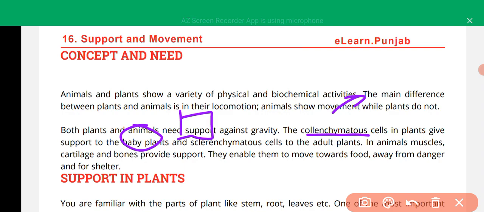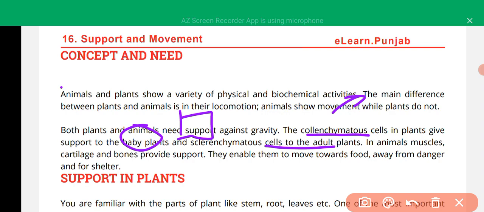You know, in the chapter on cell and molecular biology, you learned about the various structures: the primary cell wall and the secondary cell wall, and the secondary cell wall is the actual mature cell wall, and very hard. Collenchyma cells are basically the cells formed in baby plants, and they support the baby plants, and sclerenchyma cells support the adult plants.